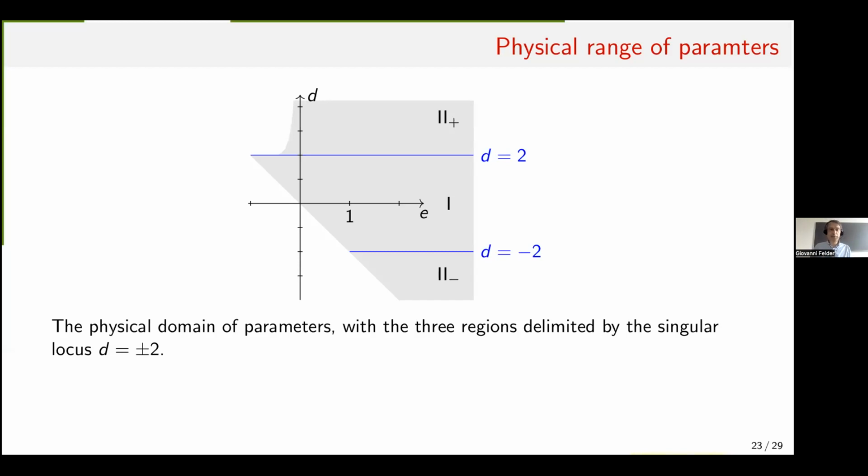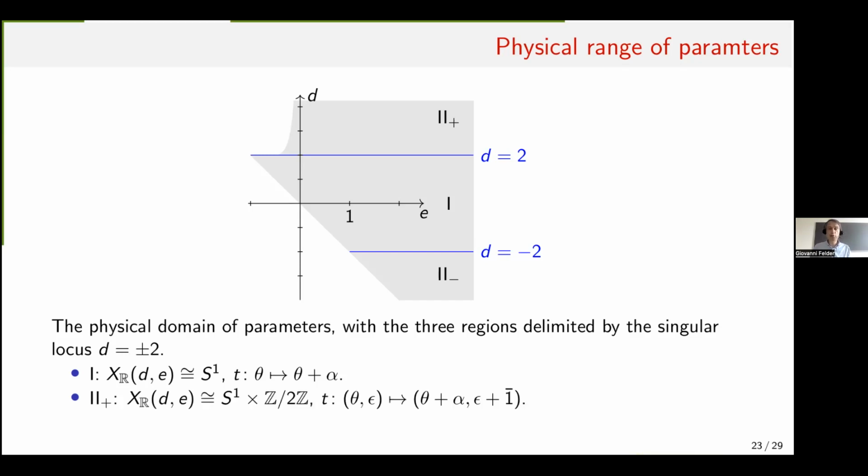It turns out that all kinds of behaviors are possible in these three regions. In region 1, we have just one component of this real elliptic curve. As a Lie group, we have S1. After a change of variables, our dynamical system becomes simply the translation by a rotation angle alpha. Then in region 2 plus, you have two components.